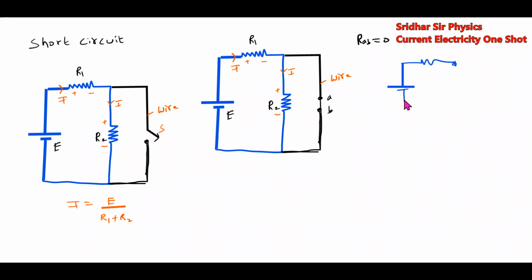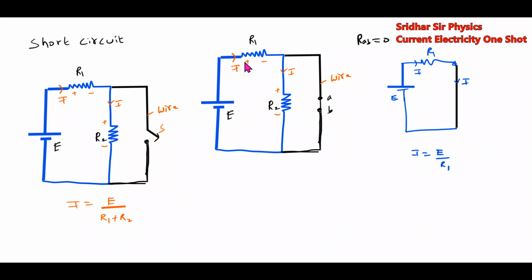So what we should replace here is a short circuit only. So how much current? The same I will flow. So I is equal to E by R1. There will be flow of current.